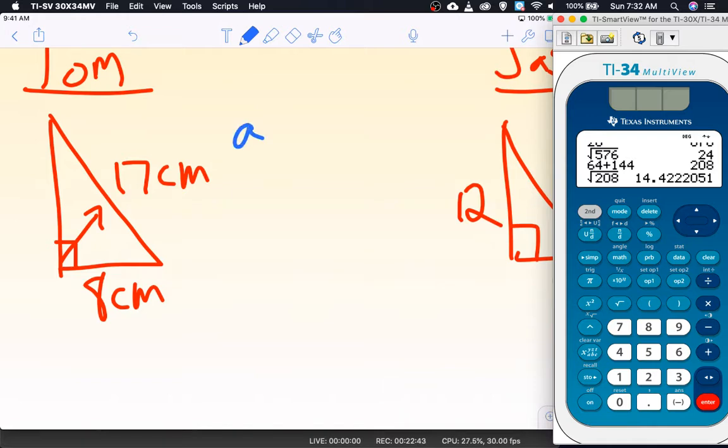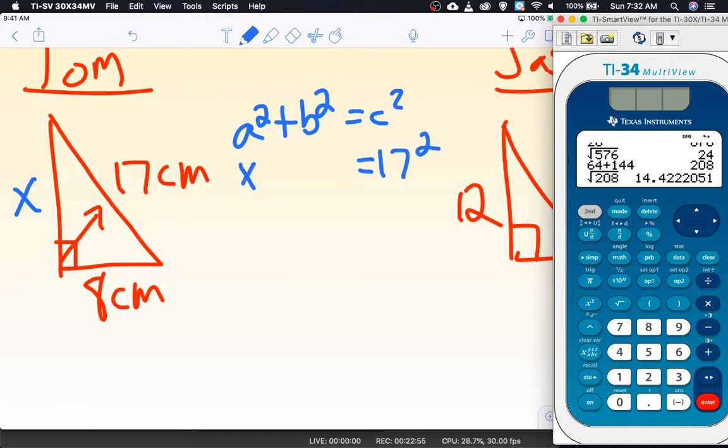A squared plus b squared equals c squared. Plugging in my largest side for c, and my other two sides for a and b. Solving the equation.